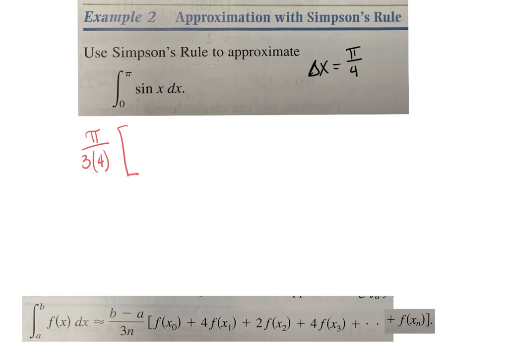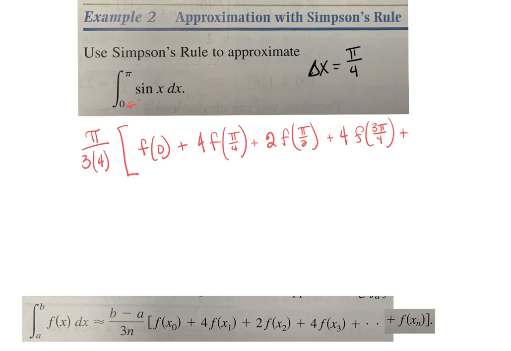And then I'm just going to say the function, starting with my lower bound, that's 0, plus, and now I'm going to say 4 times my function when I plug in pi over 4, plus 2 times my function when I walk one more pi over 4, so that would be pi over 2, plus 4 times the function at 3 pi over 4, plus no coefficient, because this is my last one. Well, and I don't put sine yet because I've been doing function at pi. And so when it's the function, I'm just plugging it in.